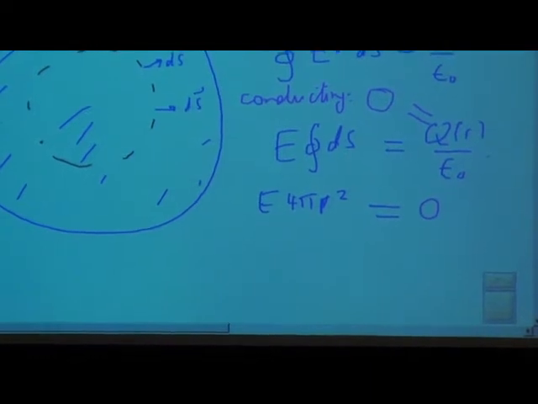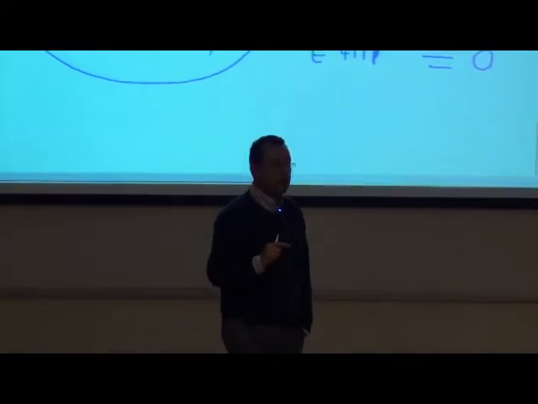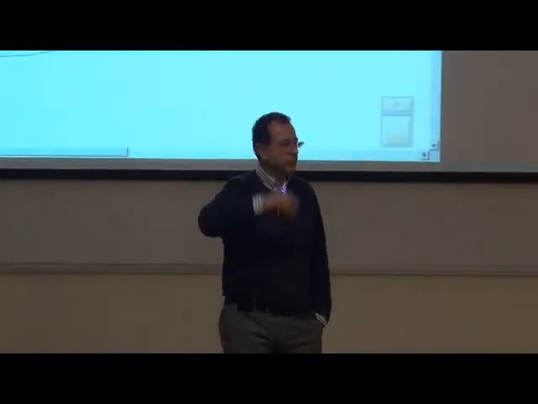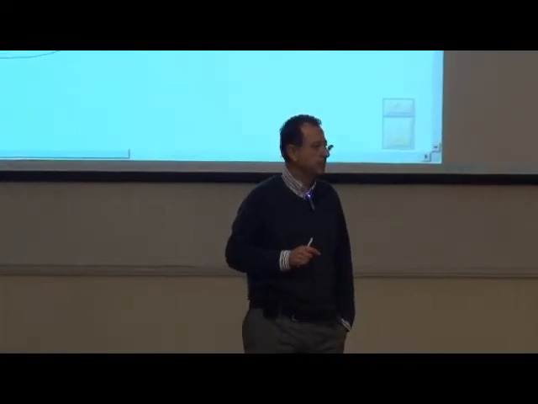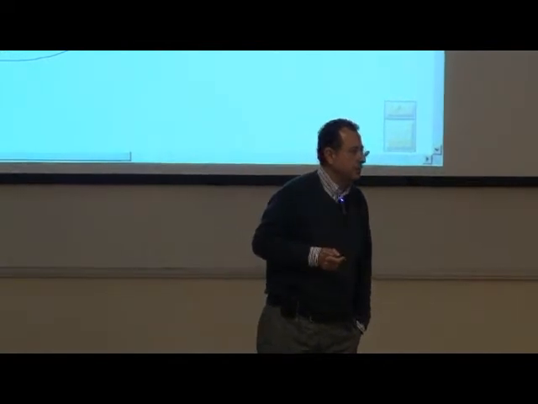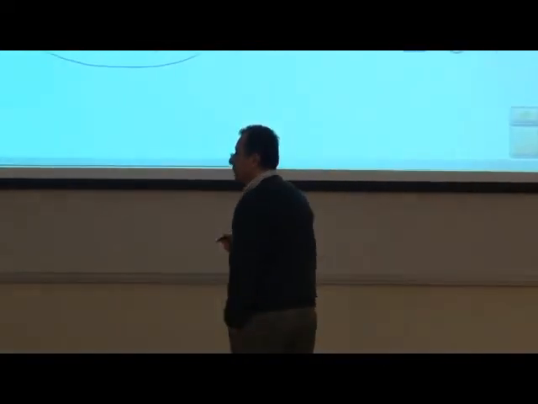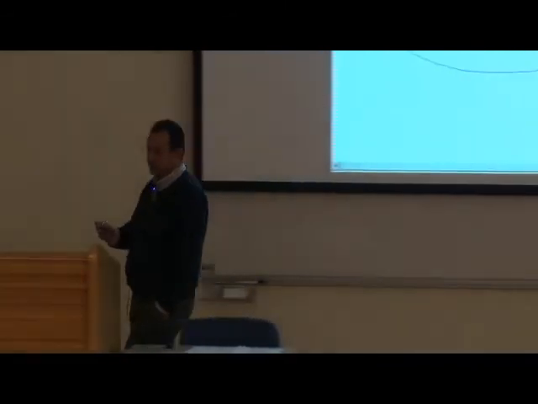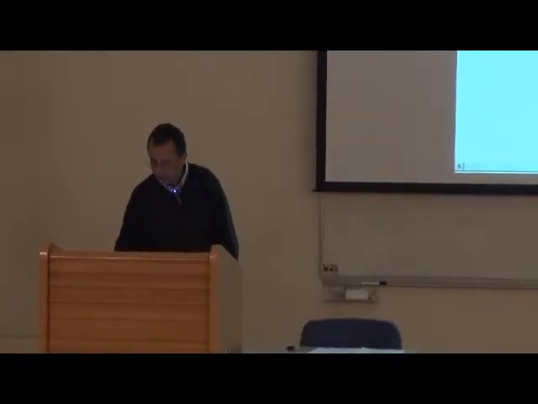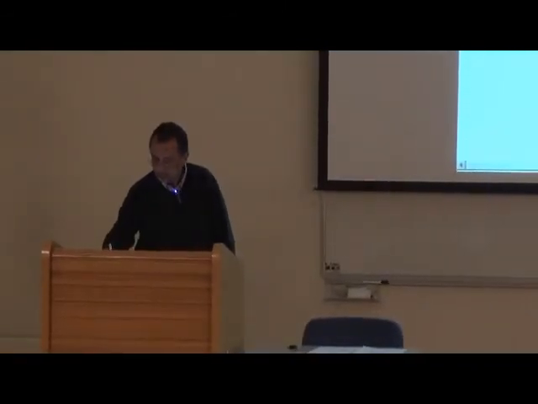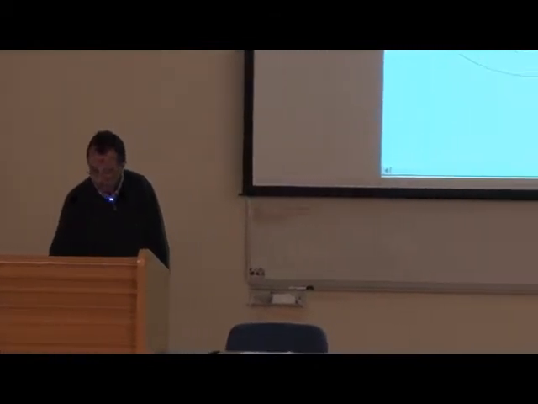So I just found from Gauss's law that E times some number 4 pi r squared is 0. So E is 0. So at any radius less than the radius of the sphere, E equals 0.